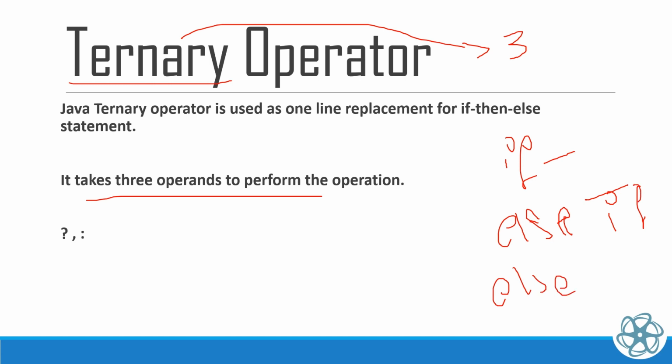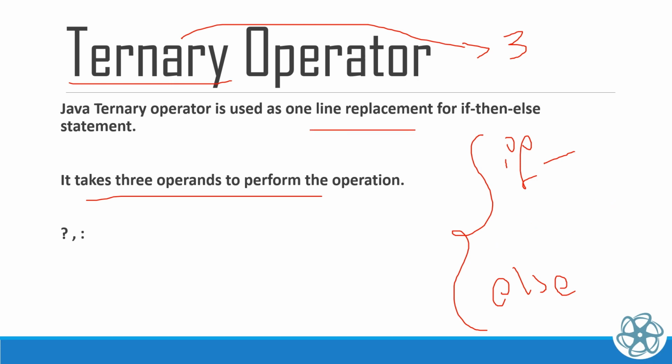We will learn these in the upcoming videos, so don't worry about that. To replace these if and else lines with one line, we use the ternary operator. The question mark and the colon are nothing but the ternary operator.